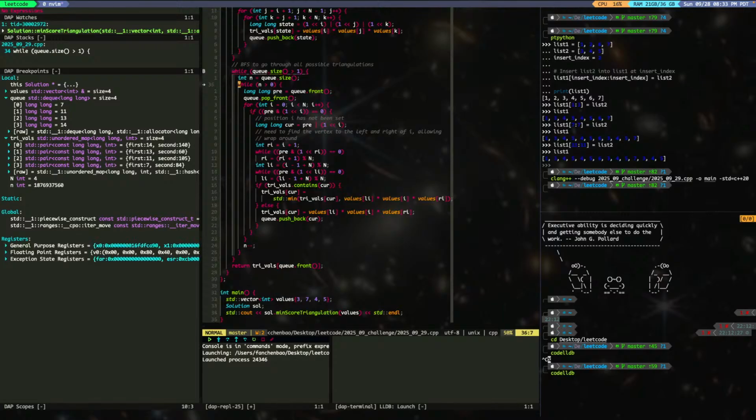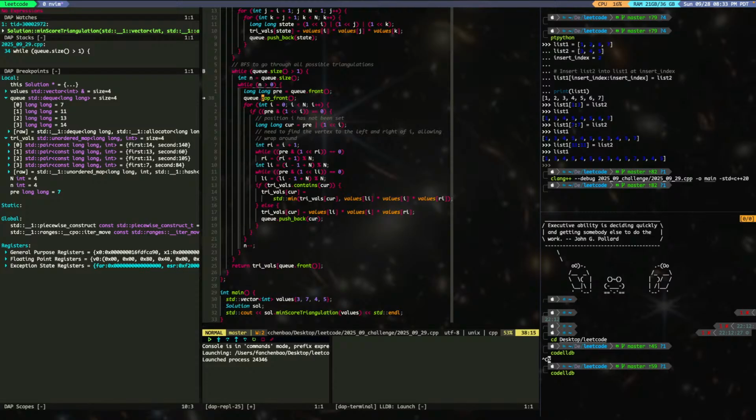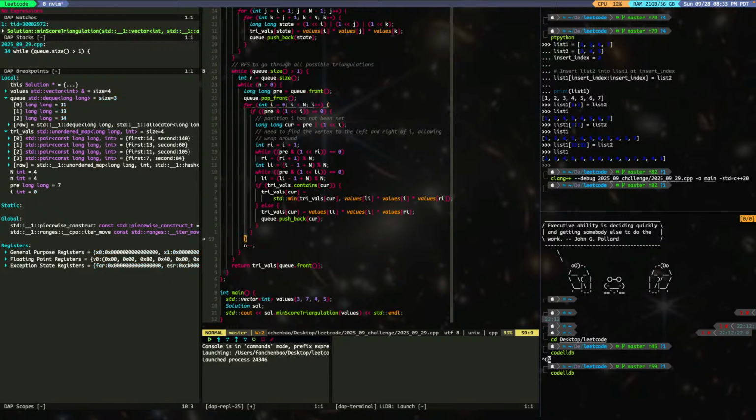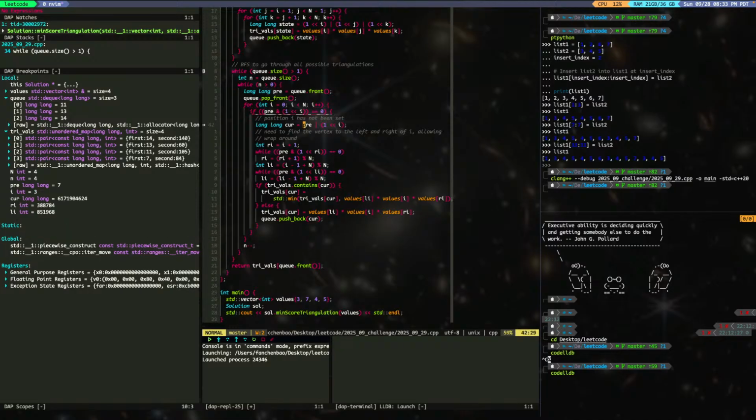So n is 4. Okay, so pre is 7. So this basically only has 1. Right, so this is no, no, no, yes. Okay, so current will be 15. Yes. And to the right.